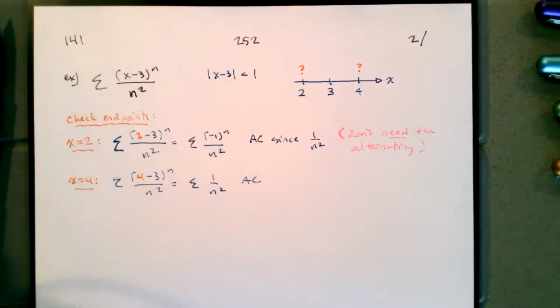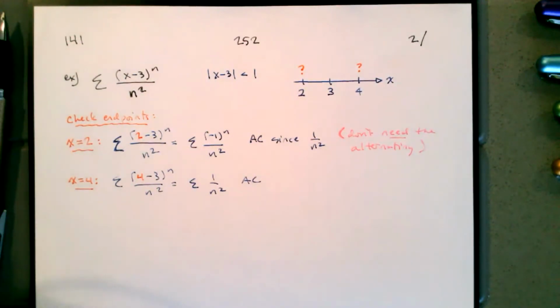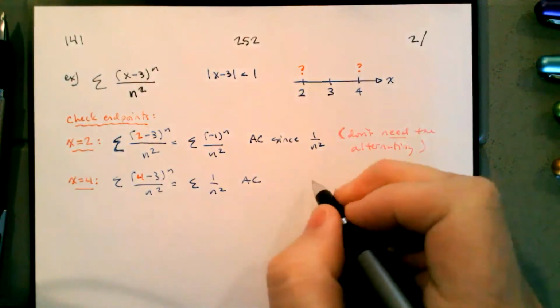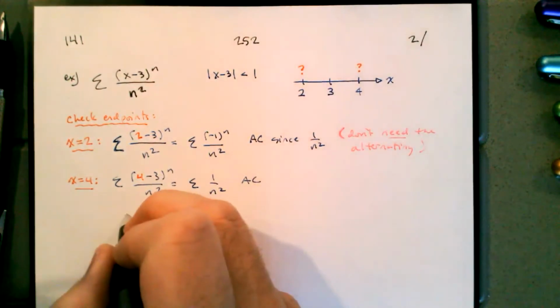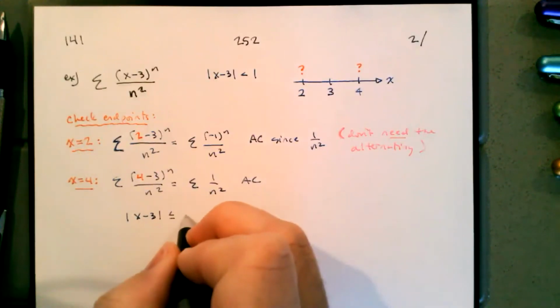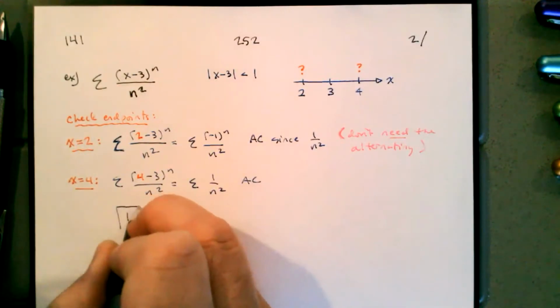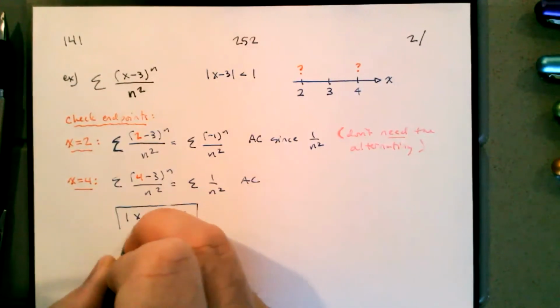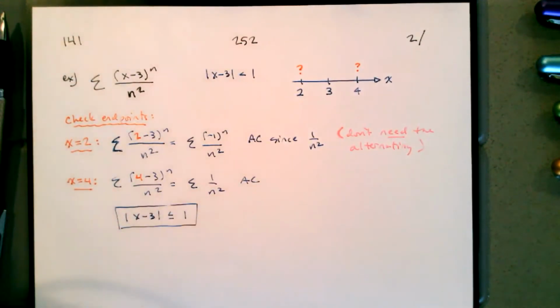So in our interval of convergence, I want to make sure 2 is included and 4 is included. So I can say the interval of convergence is the absolute value of x minus 3 is less than or equal to 1. Less than or equal to means both endpoints are included.